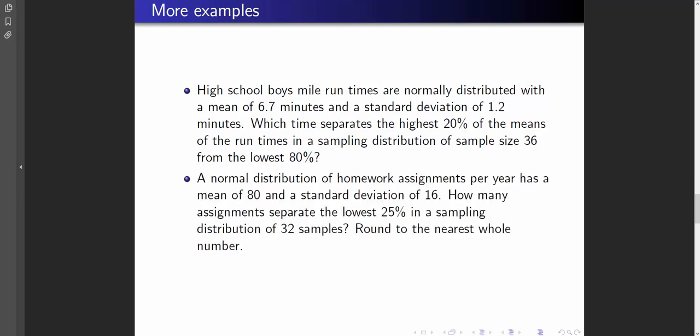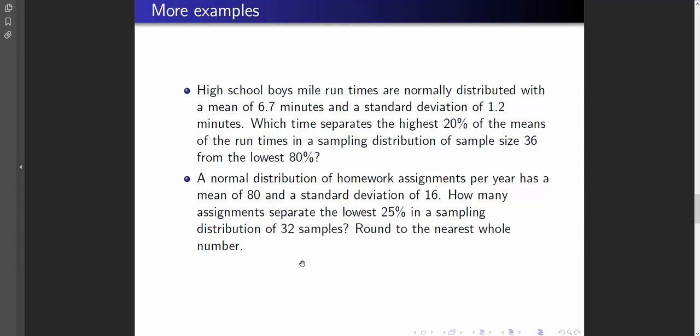We have a normal distribution of homework assignments per year, with a mean of 80 and a standard deviation of 16. In this case, this word normal doesn't actually mean normal in the statistical meaning. It is just a word. We need to answer the following question. How many assignments separate the lowest 25% in a sampling distribution of 32 samples?